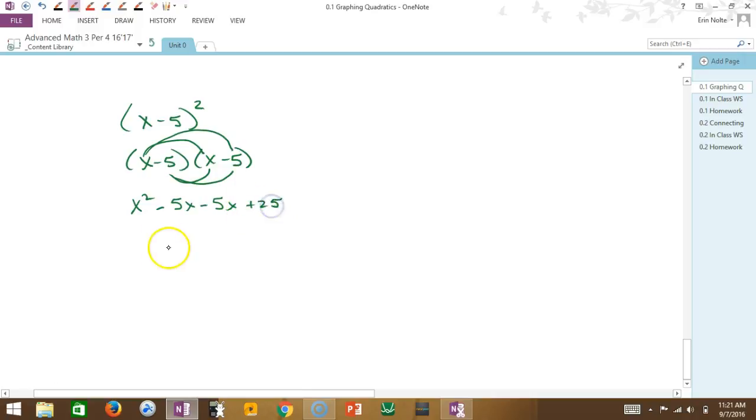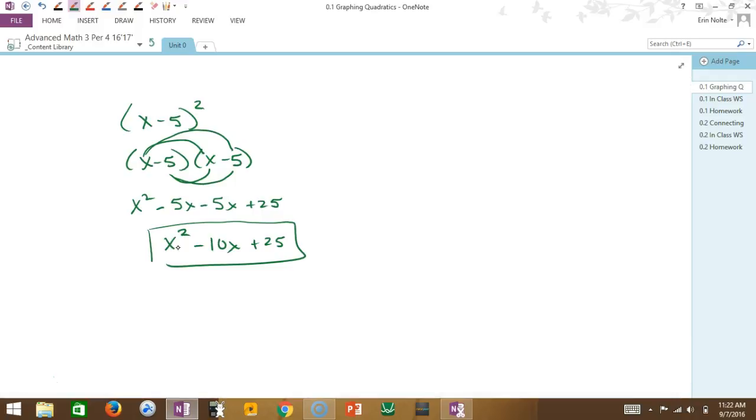So then we add our like terms and it becomes x squared minus 10x plus 25. Okay. Since you guys are all super mathy, I want you to be able to go from here to here in one step.